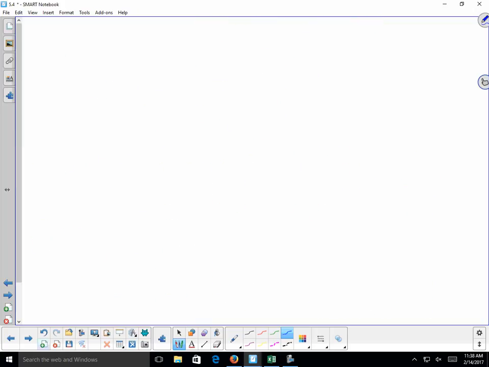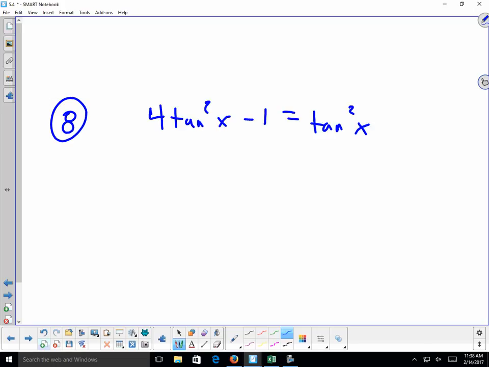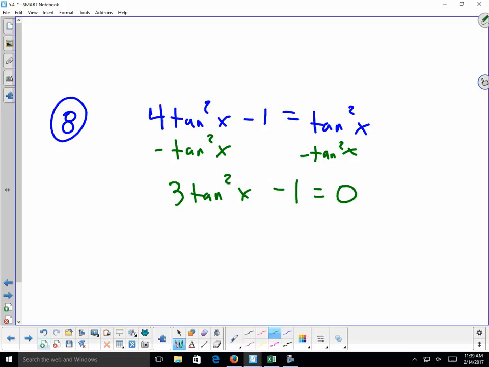All right, for number 8, on gift B, it was 4 times tangent squared x minus 1 equals tangent squared x. I would subtract tangent squared x from both sides. So I get 3 tangent squared x minus 1 equals 0.